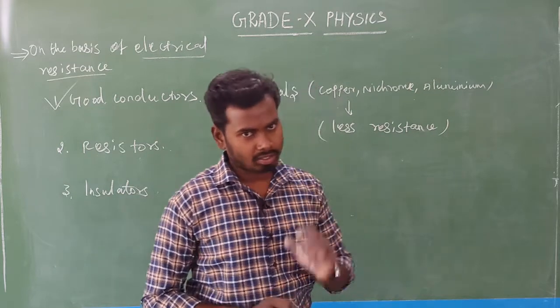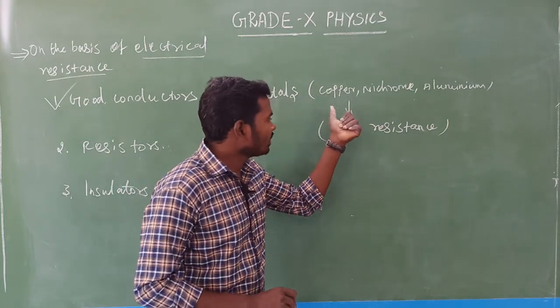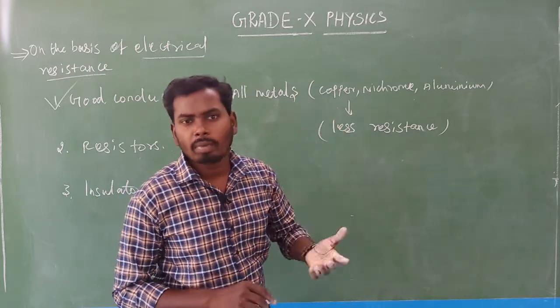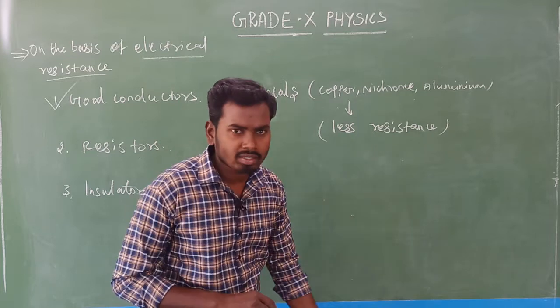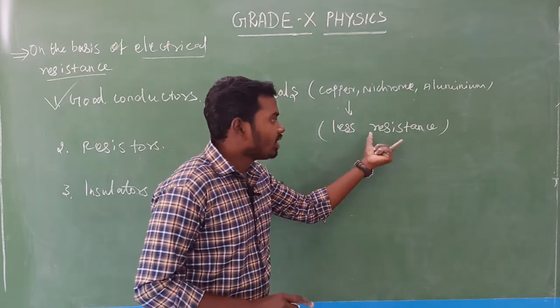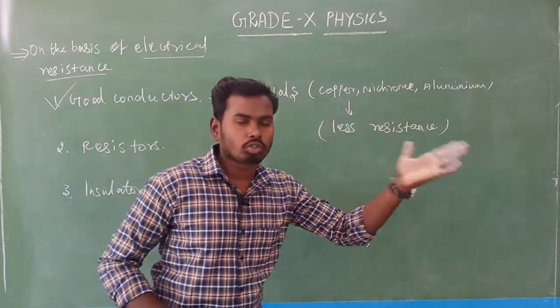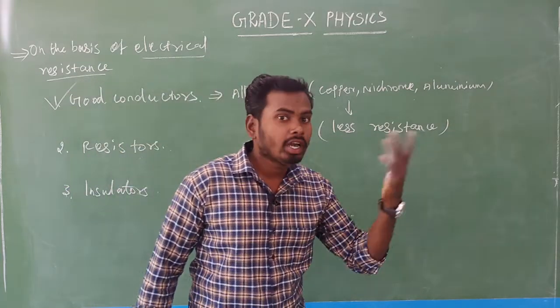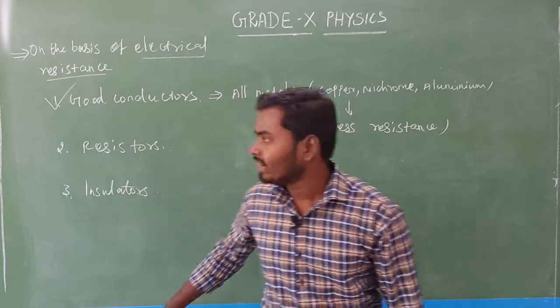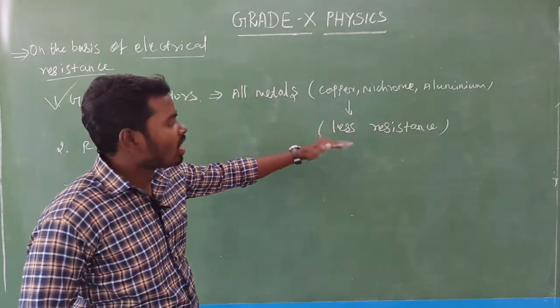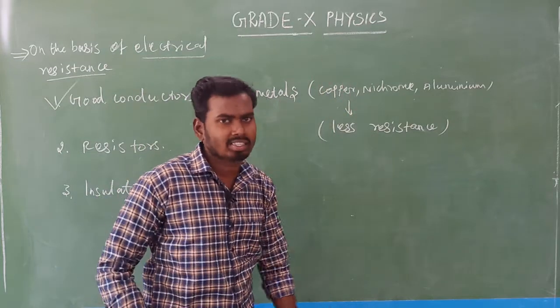So good conductors have very little resistance, due to which they allow the current to pass through them. That is the reason they are called good conductors.